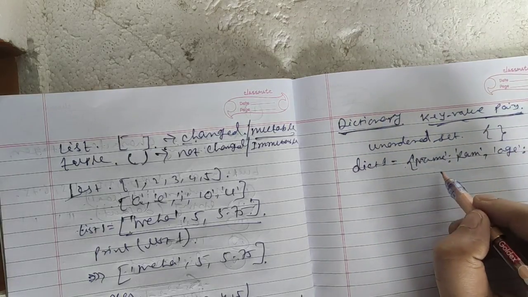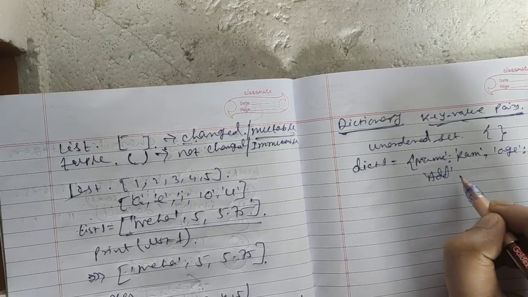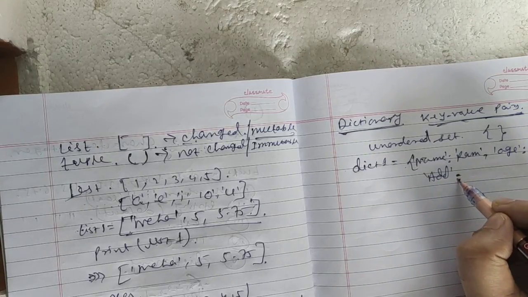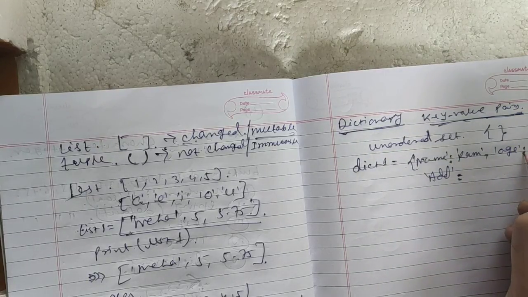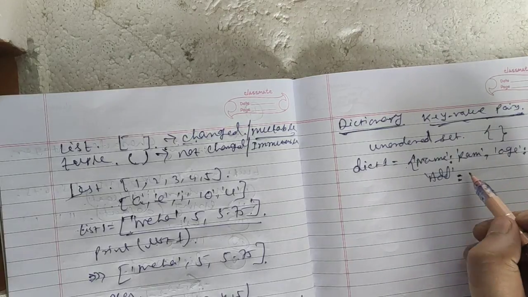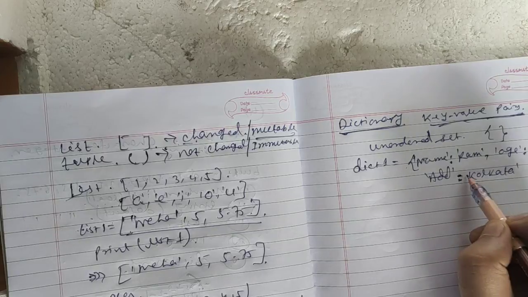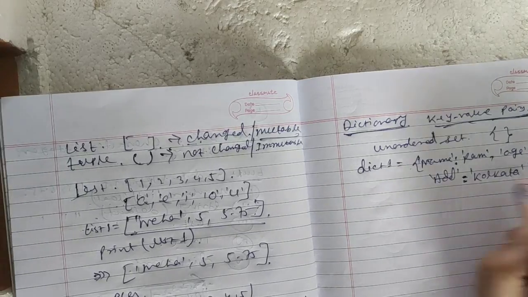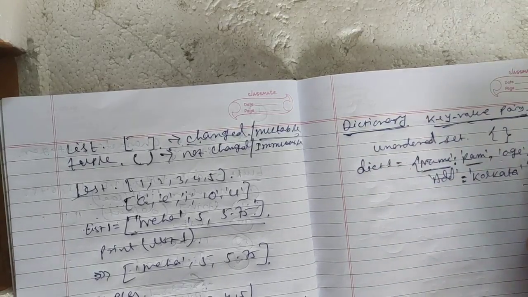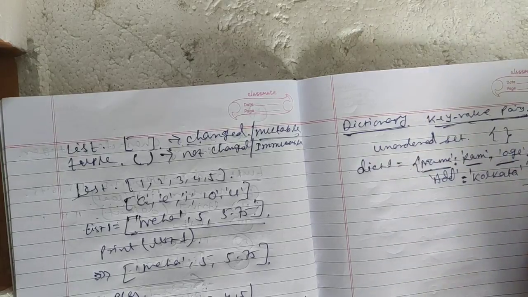Next suppose address. Again a colon; this is fixed, the colon must be given, not equals or any other sign, always a colon. Address, suppose Kolkata, and end it.